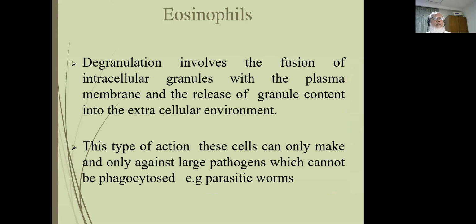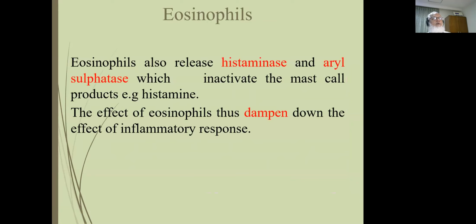With this type of action, these cells can act against large pathogens which cannot be phagocytosed, parasitic ones. So parasites are expelled from the body by the action of the eosinophils. They also release histaminase and arylsulfatases, which inactivate mast cell products like histamine, and the effect of eosinophils does dampen down the inflammatory response.